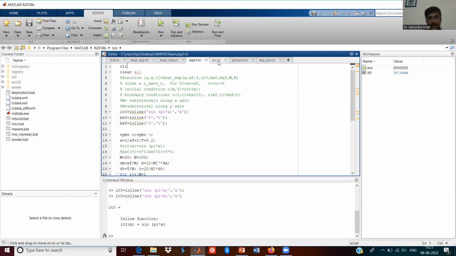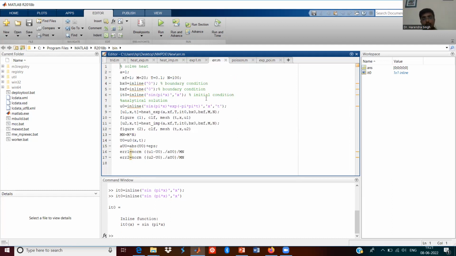Now here, for the same example, I have called both schemes simultaneously because I have constructed functions for them. So you can see that here I have called both schemes simultaneously.